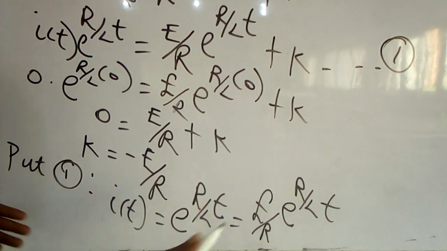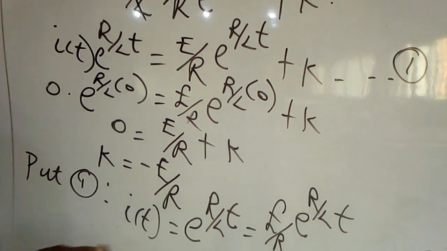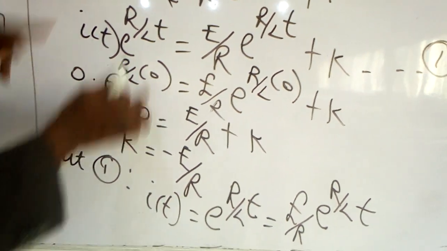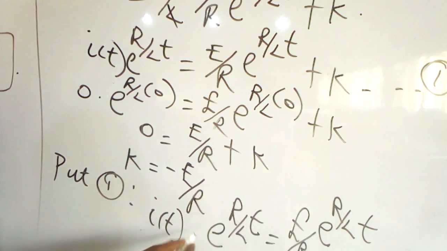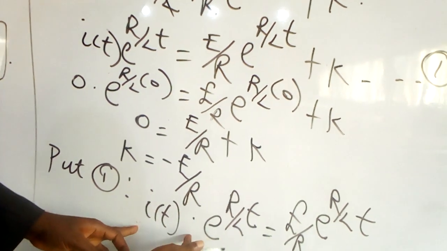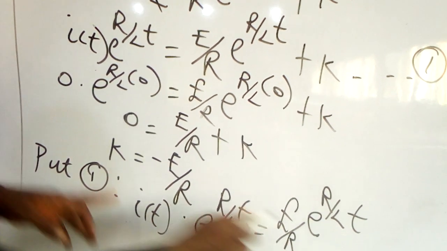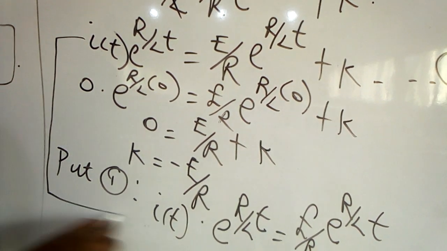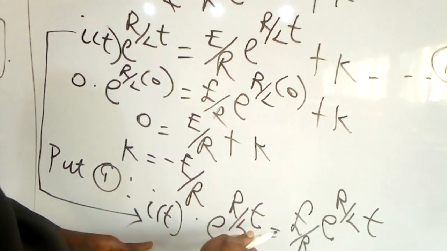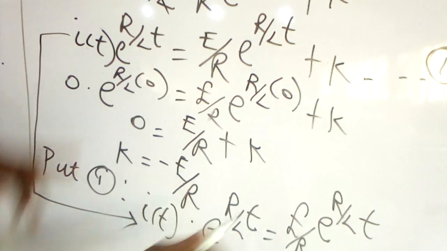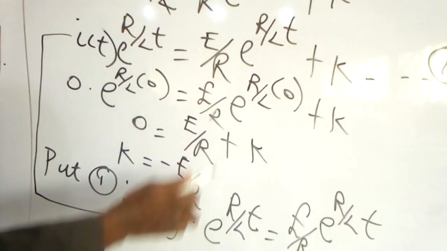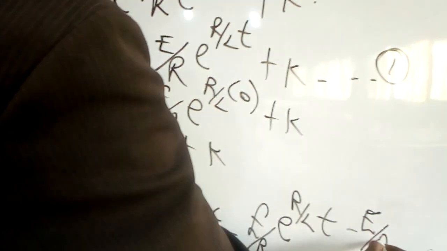Now, because of this relationship, note that current is multiplying this, so it is a dot product of the entire function. The equal to is here. I'm borrowing relief from this equation. Note, this is what we are inputting. We are relating it back here, just to fit in the value of K, since K is minus E over R.